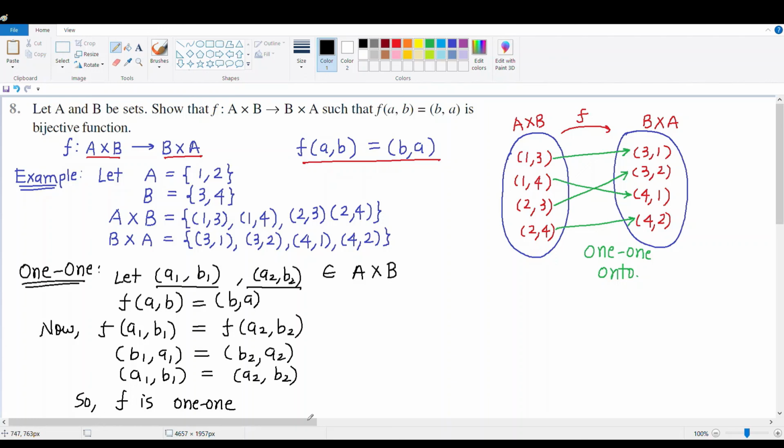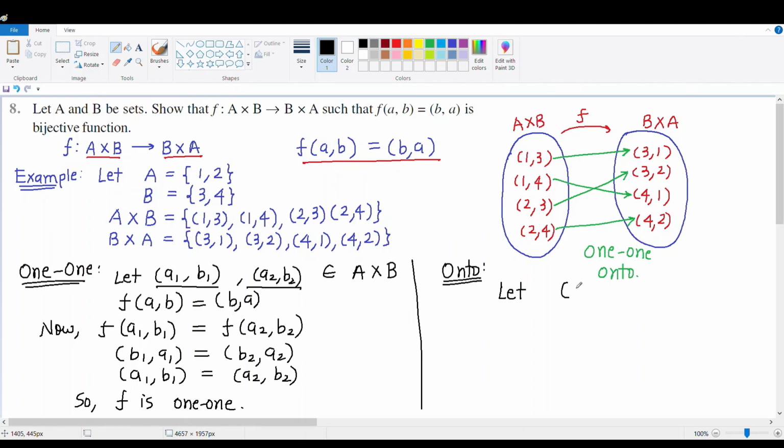So f is 1-1. Now we need to prove onto. For onto, we need to take one element from the codomain, and we need to try to find a pre-image in the domain, right? So we are going to take some output, that means some value from our codomain.